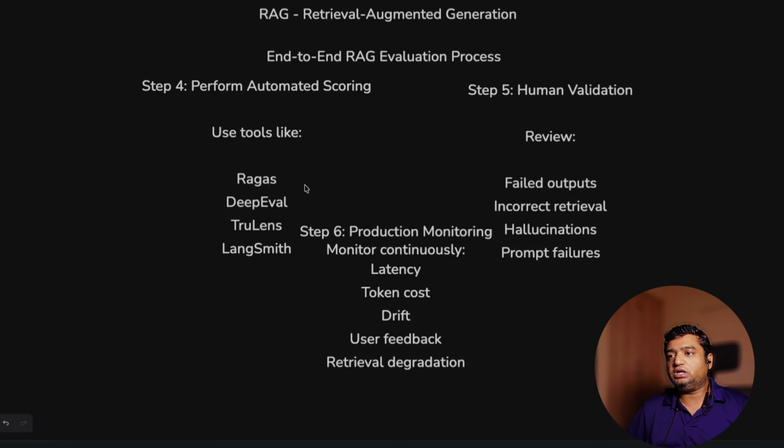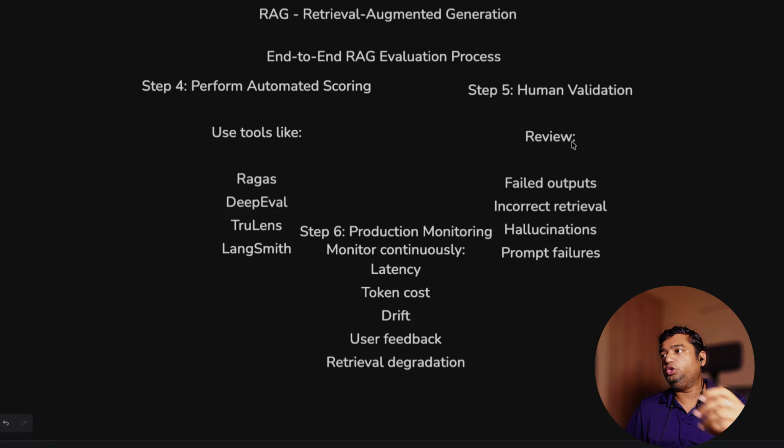Tools used are Ragas, DeepEval, TruLens, LangSmith. I'm not going into detail on these tools. If you want me to explain how they work in detail, I can come up with a separate video. Otherwise, this video will become very big. The whole purpose was to explain how the RAG evaluation process can be done. So you can use these tools for automated scoring.